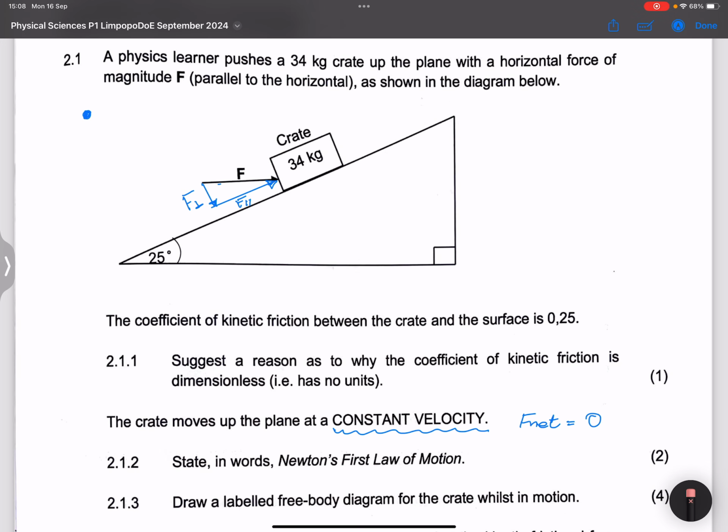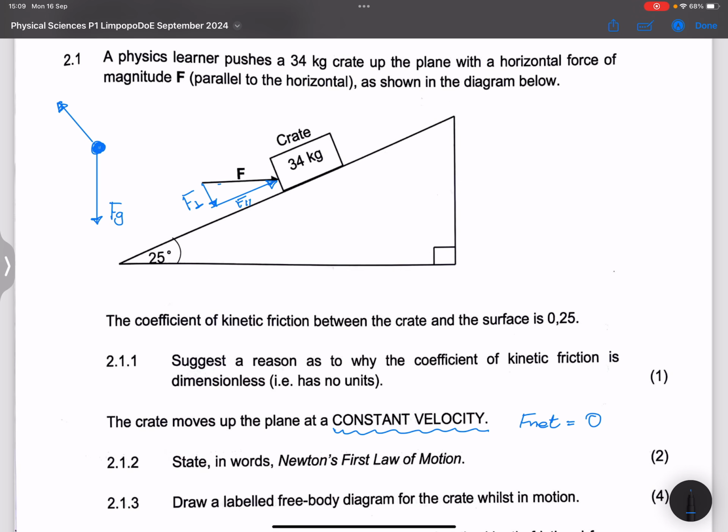We know that we've got gravitational force, that's Fg, and we know we have the normal force there.